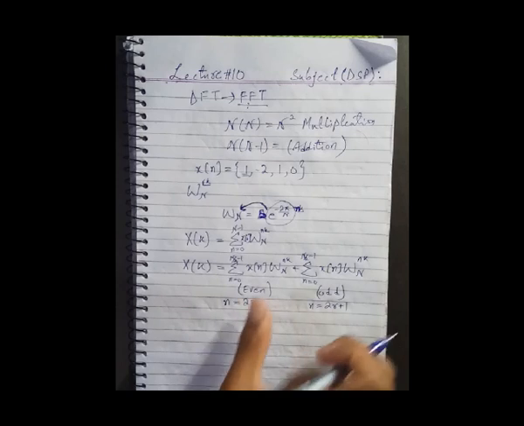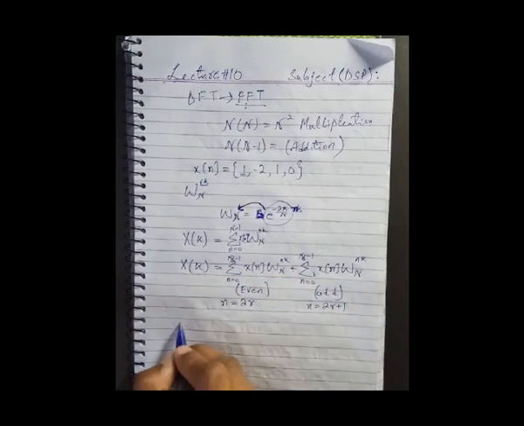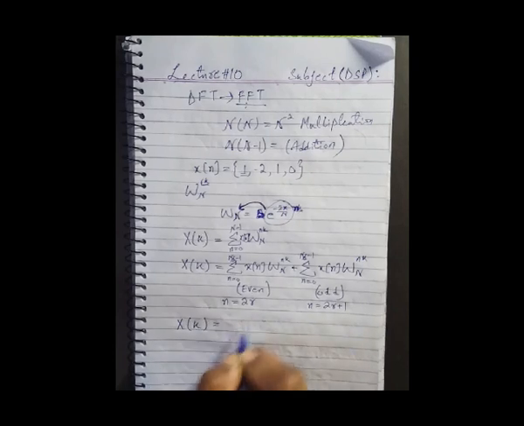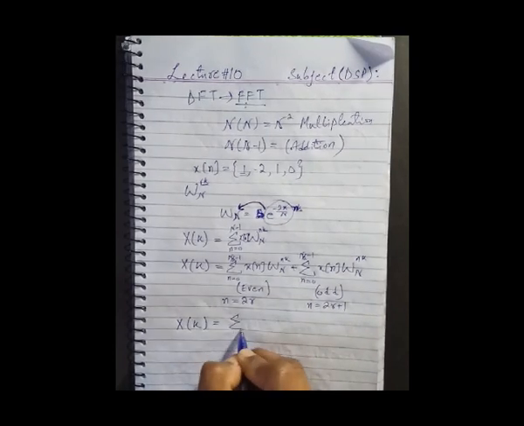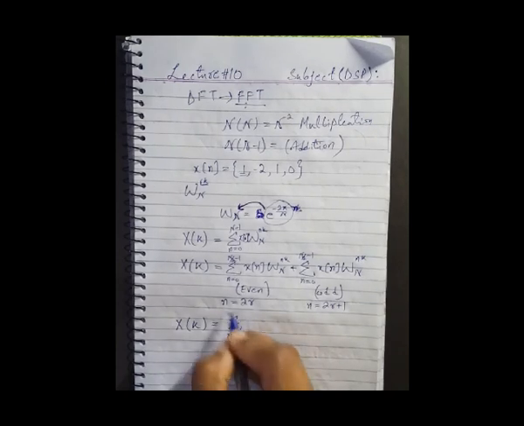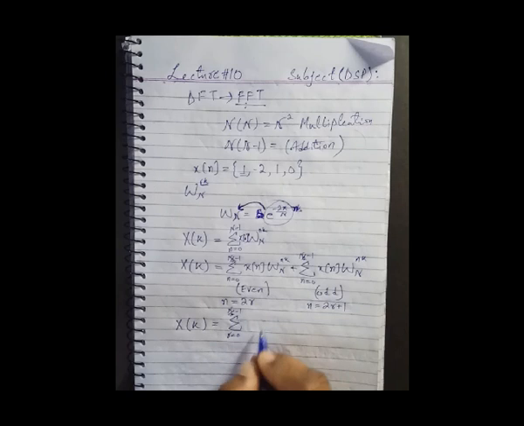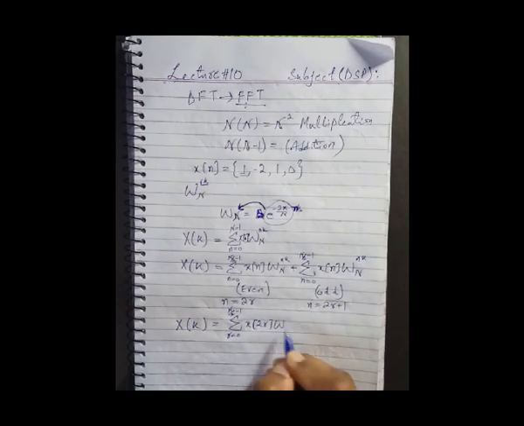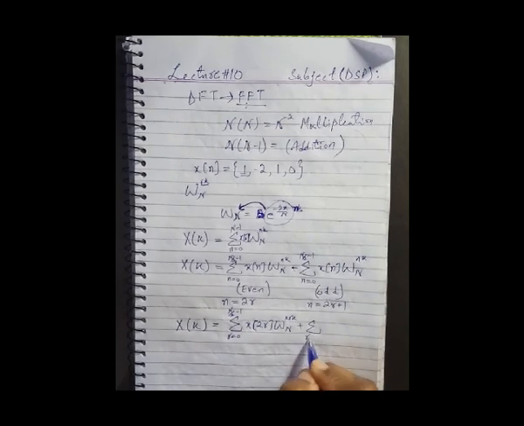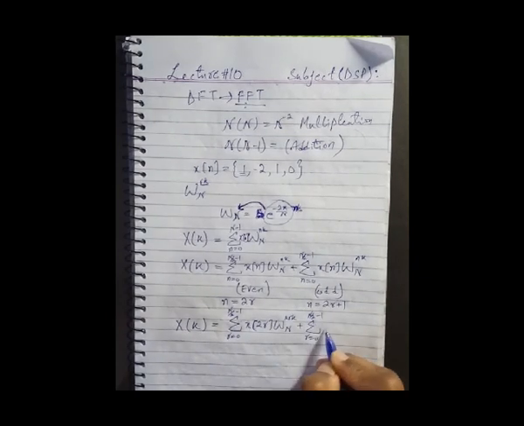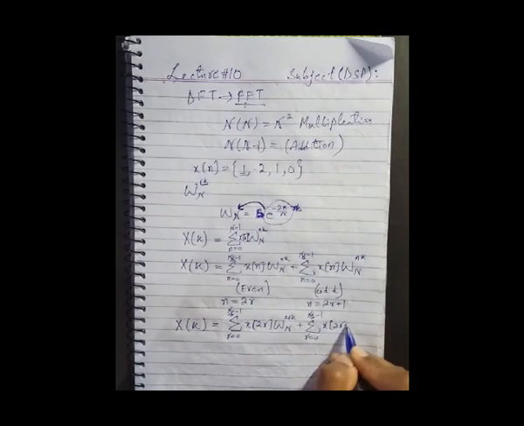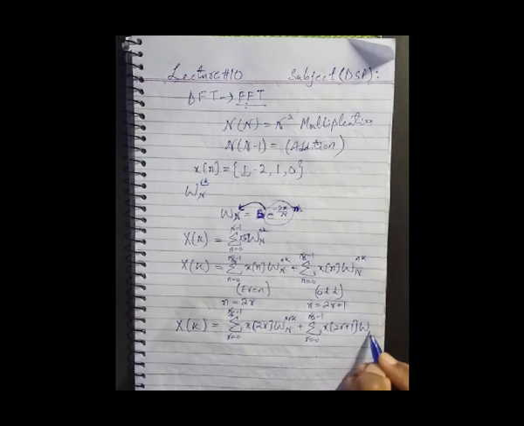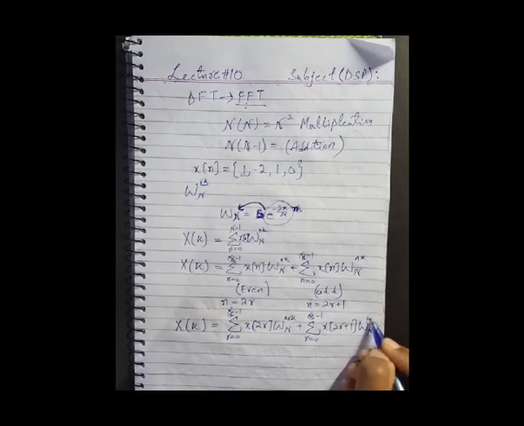And if we put this value in this equation, we will get X of k is equal to summation r is equal to 0 to N by 2 minus 1 x of 2r W of N into 2rk plus summation r is equal to 0 to N by 2 minus 1 x of 2r plus 1 and W of N into 2r plus 1 into k.